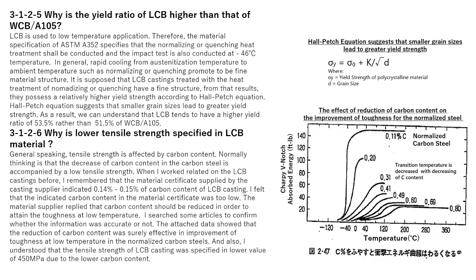The material supplier replied that carbon content should be reduced in order to attain toughness at low temperature. I searched some articles to confirm whether the information was accurate or not. The attached chart showed that the reduction of carbon content was surely effective in improving toughness at low temperature in normalized carbon steels.